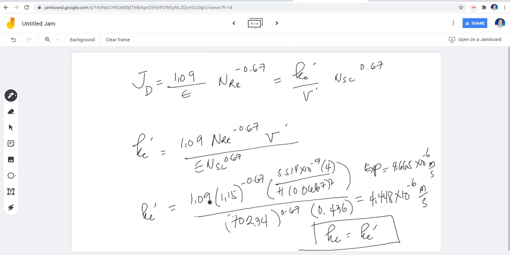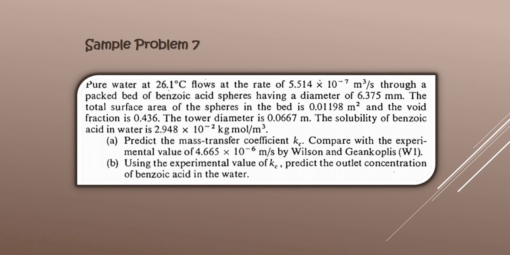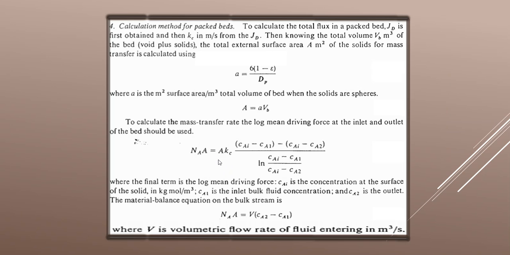It will be the same formula that we have used here, but I will change this one to 4.665 times 10 raised to negative 6, and we will use the formula given here, a formula that equates these two. If we equate these two, you will have a Kc value.